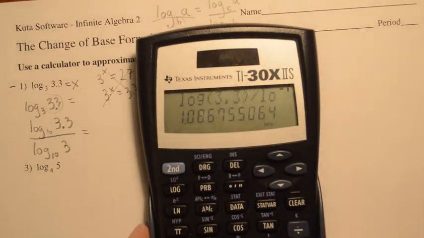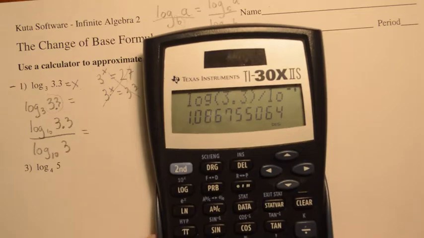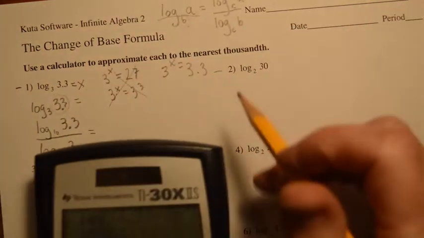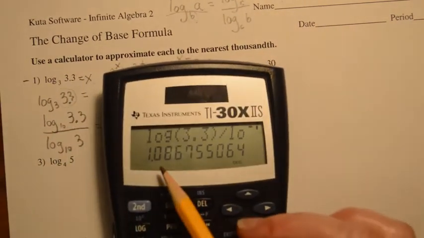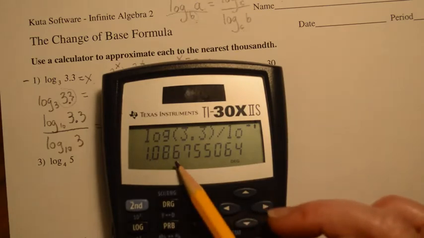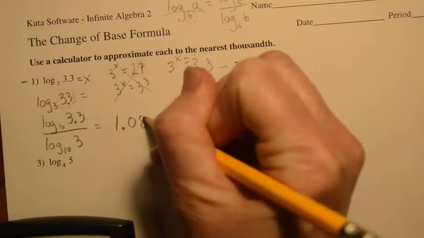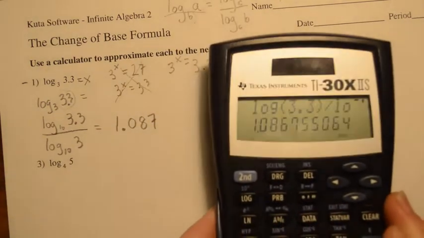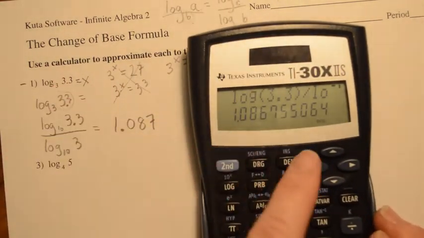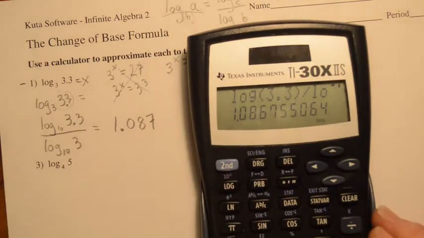And when we do that, we get 1.0867. It says to the nearest thousandth, so this is tenths, hundredths, thousandths, so I would say that this is approximately equal to 1.087. And again, when I was just playing around with my calculator, I found that it should be around that value.